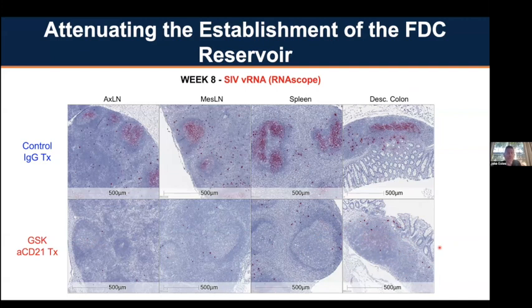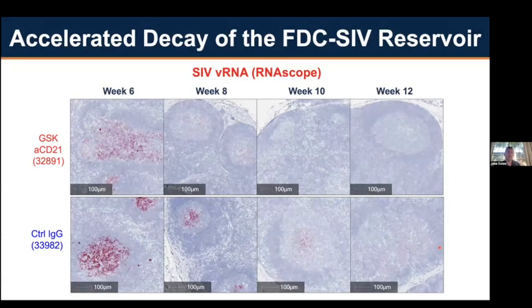We're never going to be able to treat individuals prior to infection. And so we performed another study in which we infected animals, let them go for 6 weeks. They established this FDC network, and then we treated them with anti-CD21 antibody or control antibody at the time that we treated them with antiretroviral therapy, and asked the question, does this accelerate the decay of this virus or lead to the shedding of this viral reservoir above what we see with antiretroviral therapy alone?